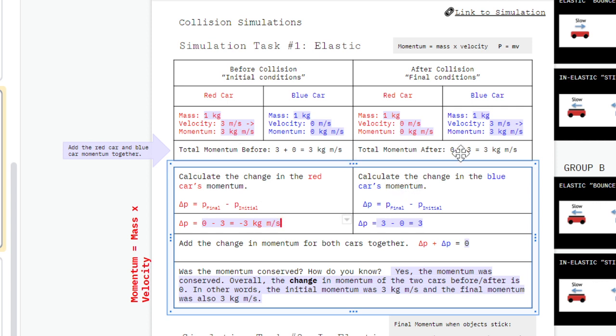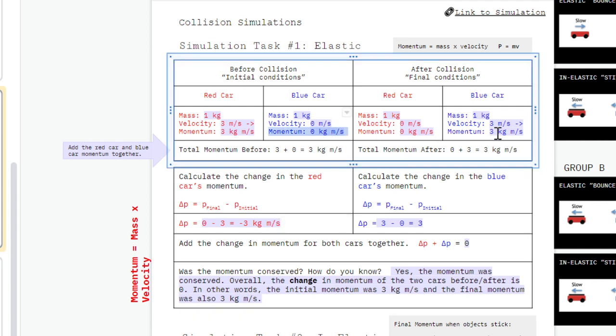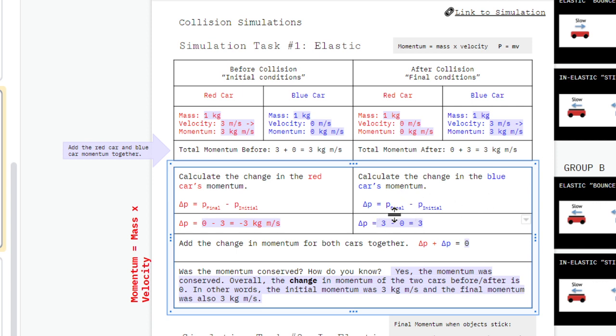Next, for the blue car, it started off with a momentum of 0 and resulted in a momentum of 3, final minus initial, 3 minus 0 is 3. All right, if we were to add those two changes in momentum together, negative 3 plus 3 is 0.